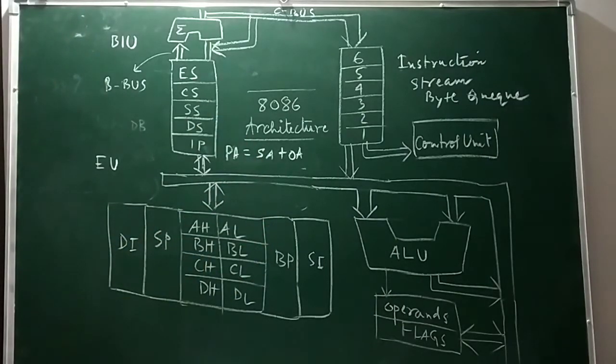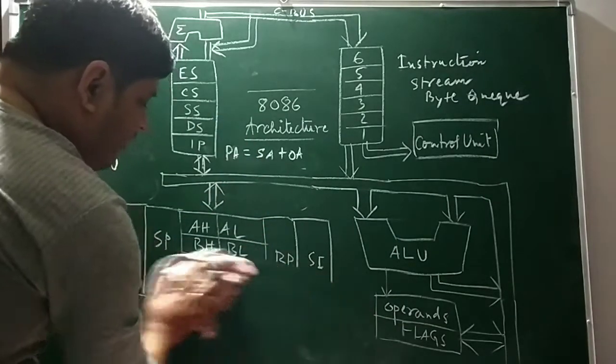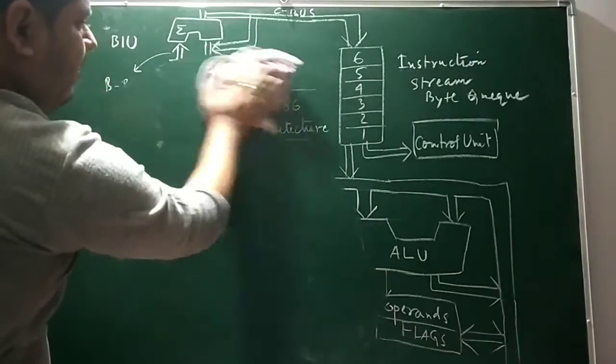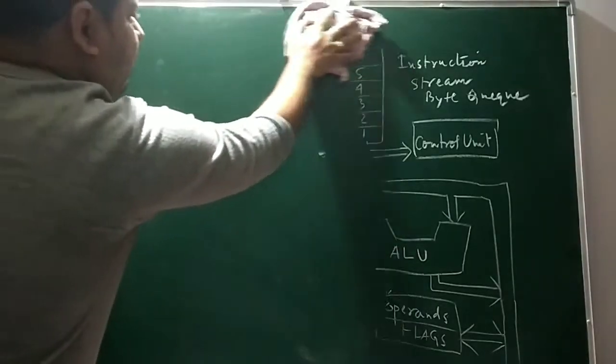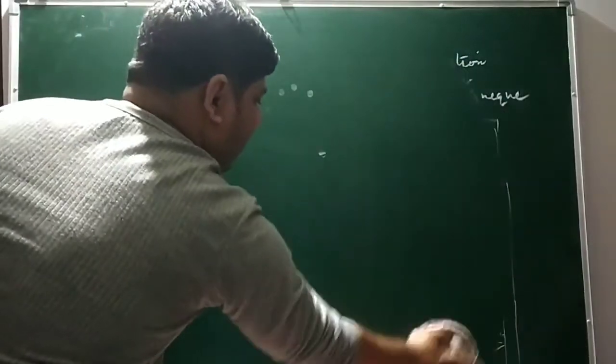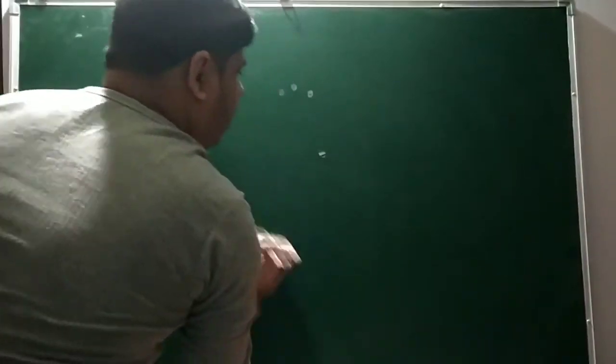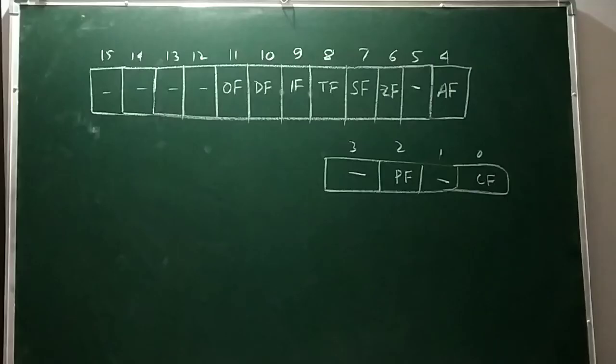So the basic structure, the explanation of the 8086 flag registers. We have the flag register configuration for 8086 as this.